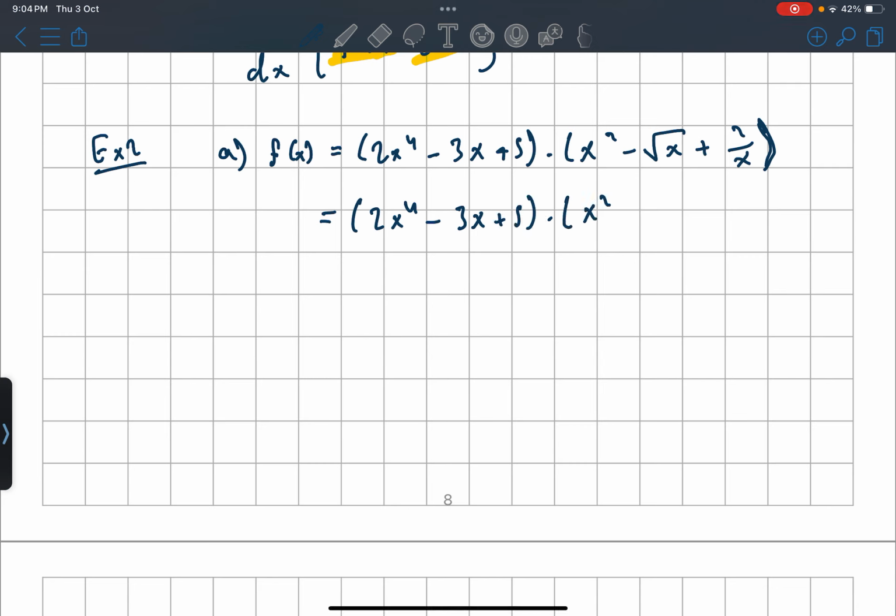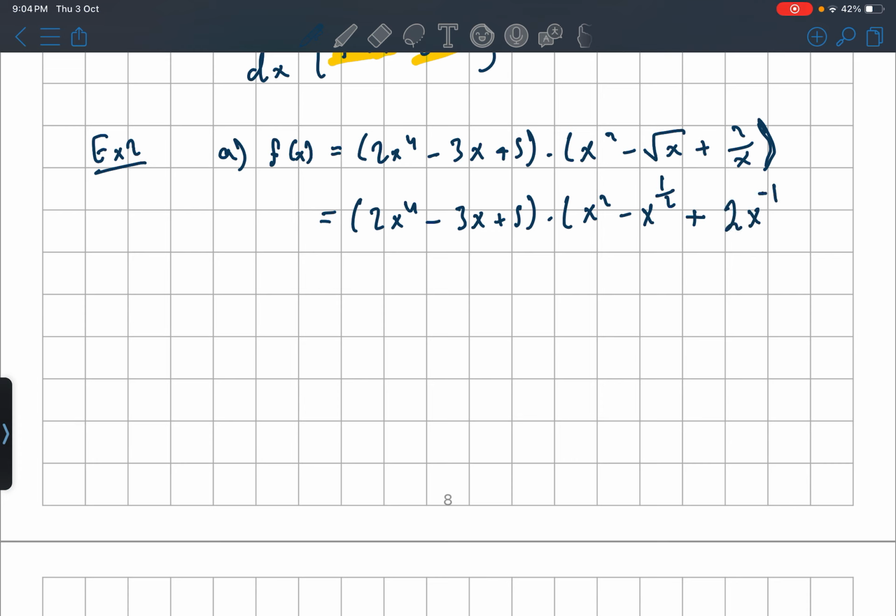We have x squared minus, we can write square root of x as x power of 1 over 2, and plus 2 over x, we can make it 2x power of negative 1.